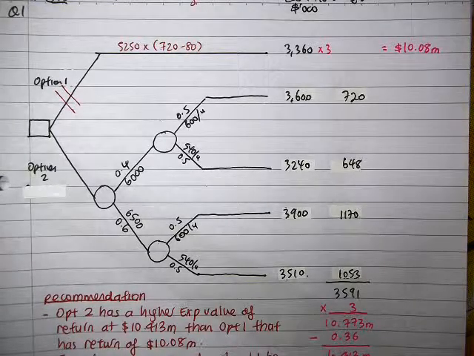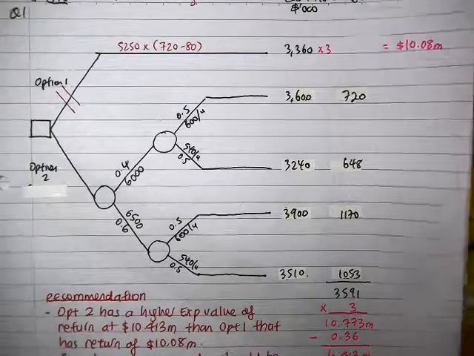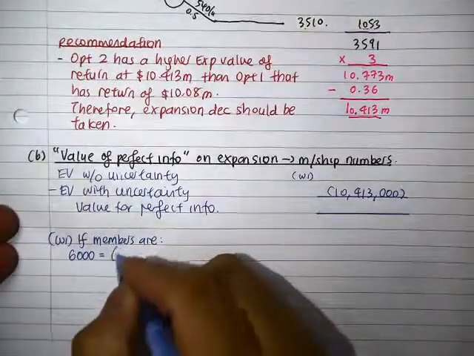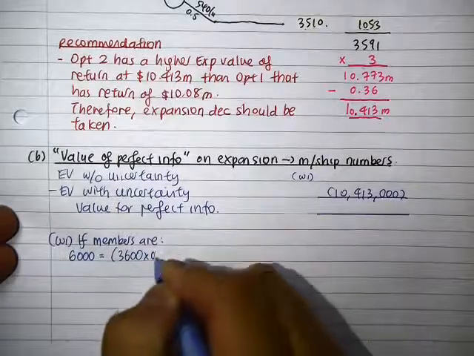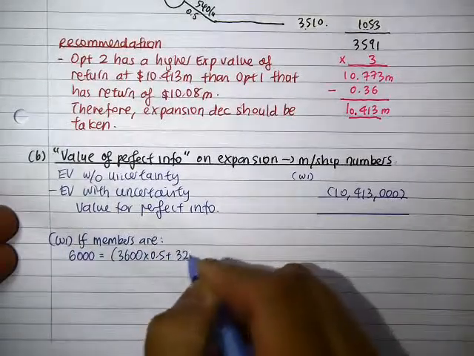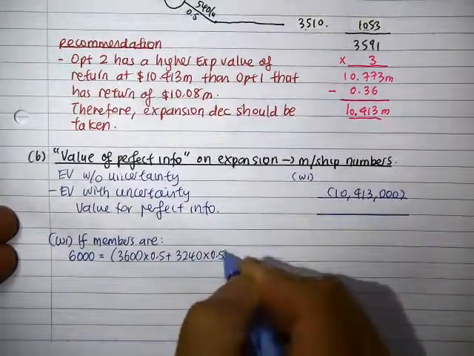Alright, so if you apply the expected value, you realize that your 3006 times 0.5, 3240 times 0.5, you're gonna get 3420. 36 times 0.5, 324 times 0.5.